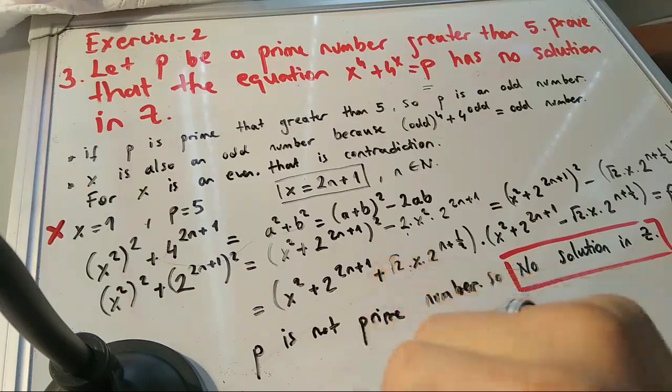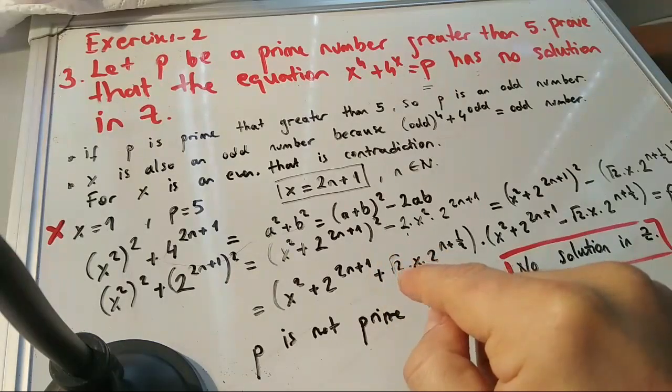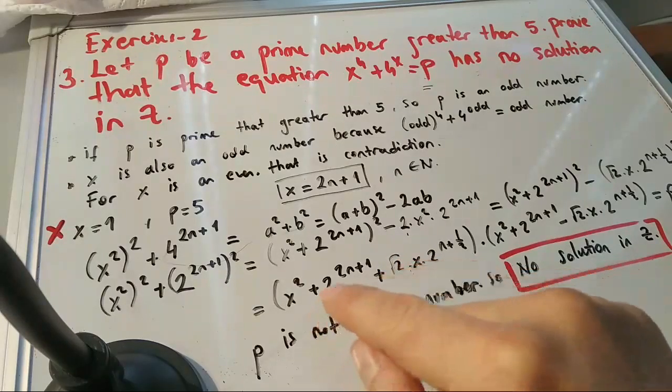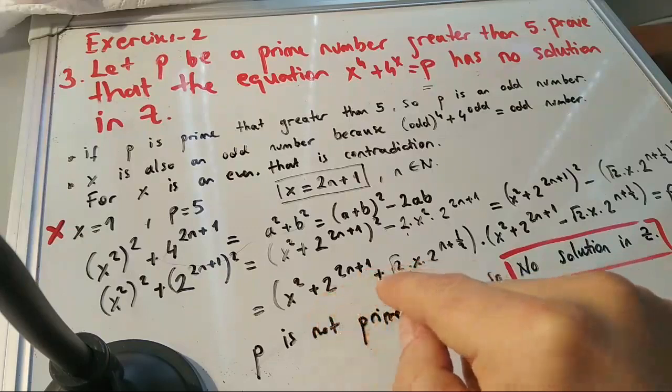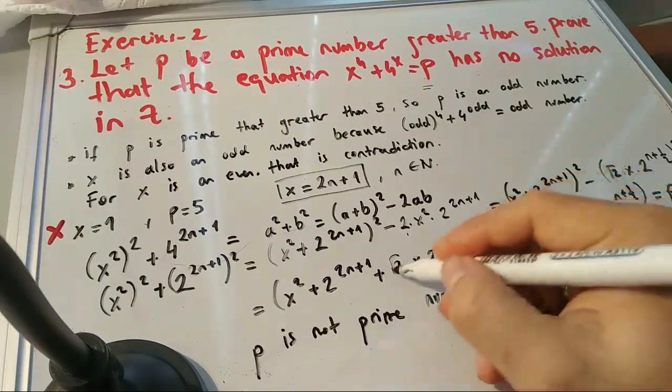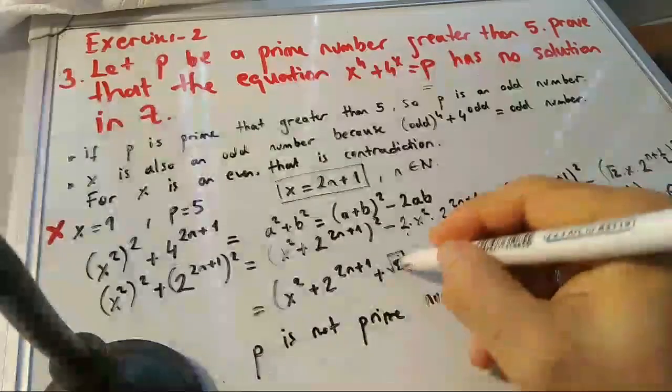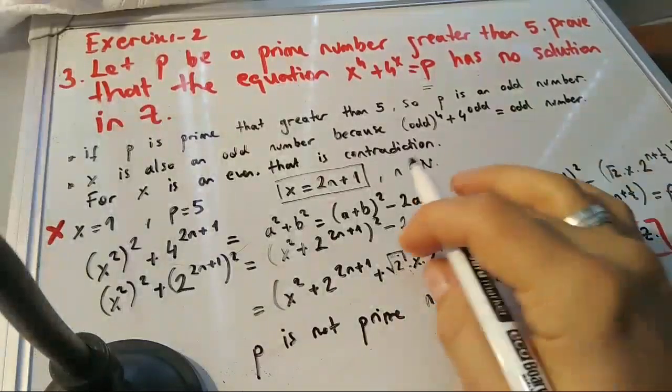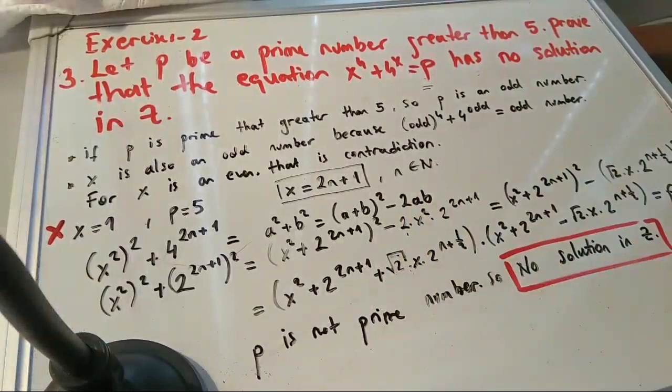It is a root. That one, right? X squared plus 2 to the power of 2n plus 1 plus the root of 2, root 2. Okay.